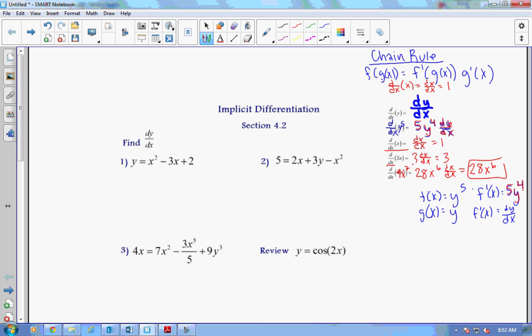What goes on the top with d dx is what variable you're taking the derivative of. So up here, we are taking the derivative of y.